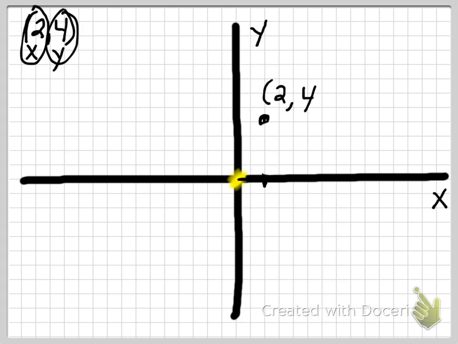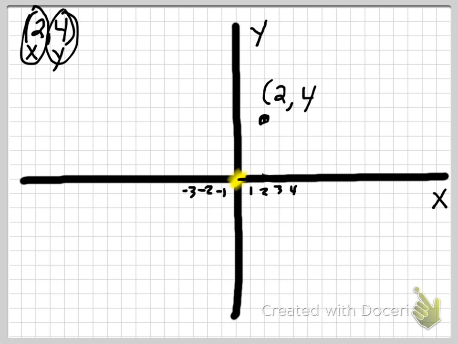Now, when you're looking at plotting points, I'll put a few of these in here. Sorry, I'm off right now. So there's 1, there's 2, there's 3, there's 4, etc. If you go off to the left, past the y-axis, this would be considered -1, -2, -3, etc. And it keeps going.